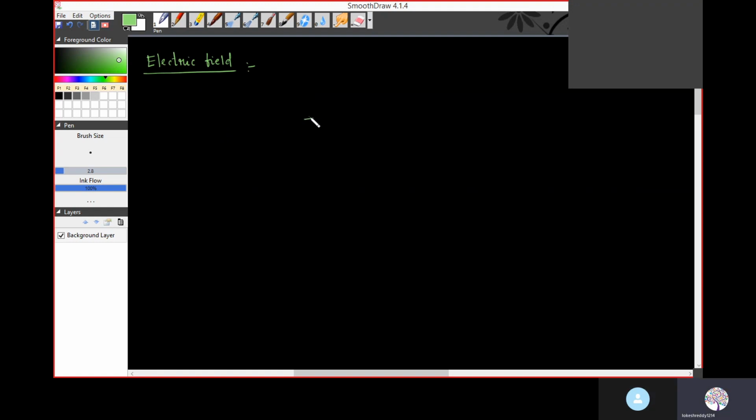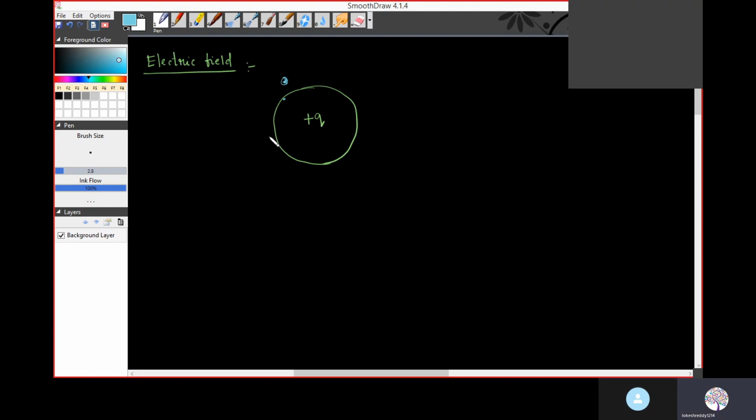See, if you have a charge, then this charge produces some field. The space around the charge where its influence is felt is called as electric field. Say if I bring one unit positive charge here, if it is repelling, then that is inside the field. If I place a positive charge outside and if it is not repelling, then we say this is out of the electric field.